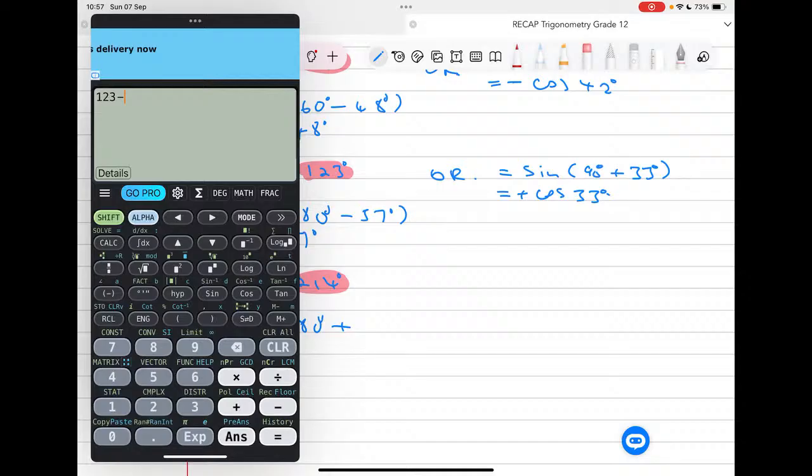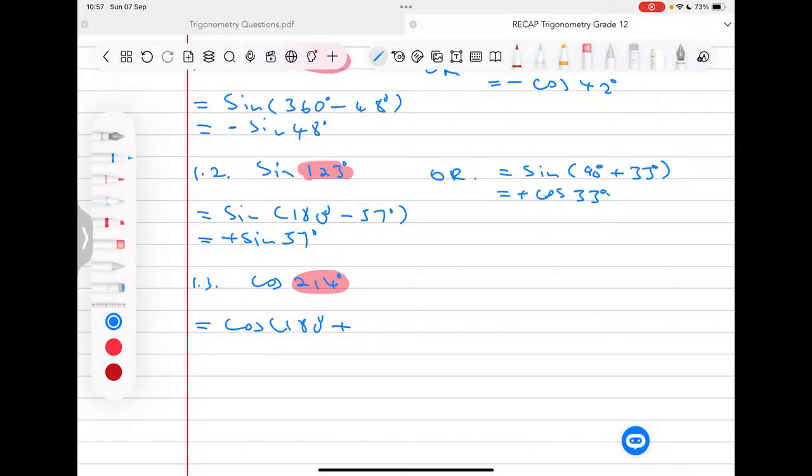So this means I'm going to say 214 minus 180 degrees. That gives me 34. So that means here I'm going to add 34 degrees. These two numbers are exactly the same because if you say 180 plus 34, you should get 214.